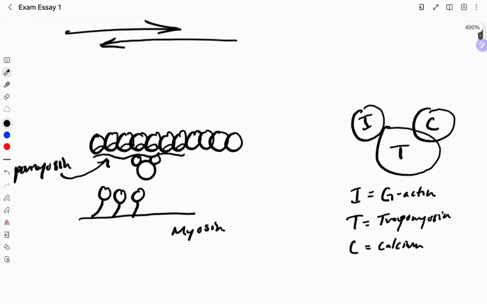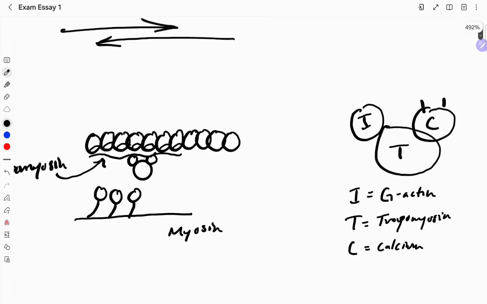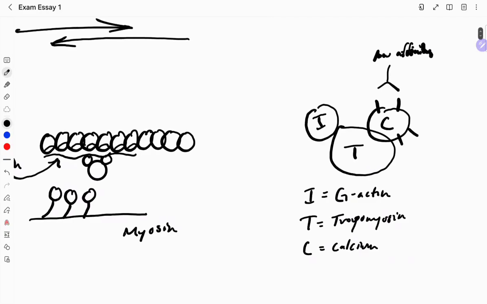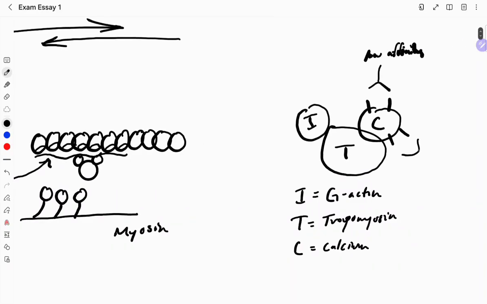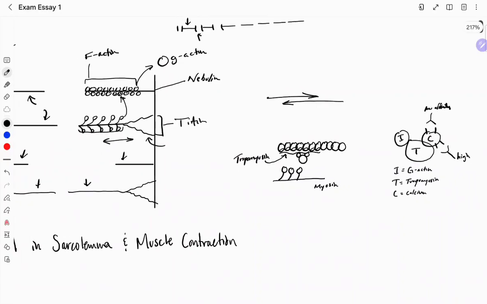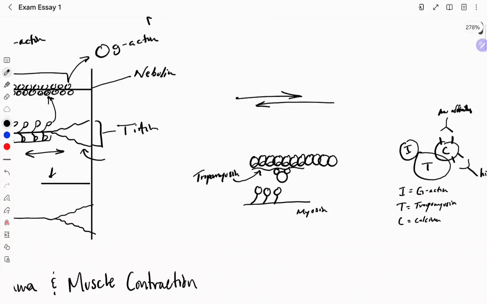Something else to note is that this troponin C has 4 calcium binding sites. 2 of them are low affinity for calcium, and 2 of them are high affinity for calcium. Now, back to this image here.